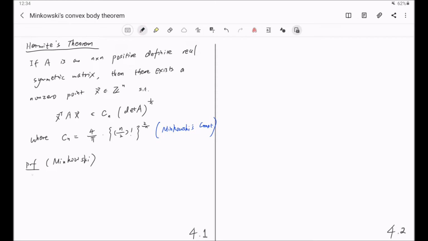Okay, now let's first make the following claim. The set of points x in R^n where x transpose times A times x is less than or equal to rho is a compact symmetric convex set.